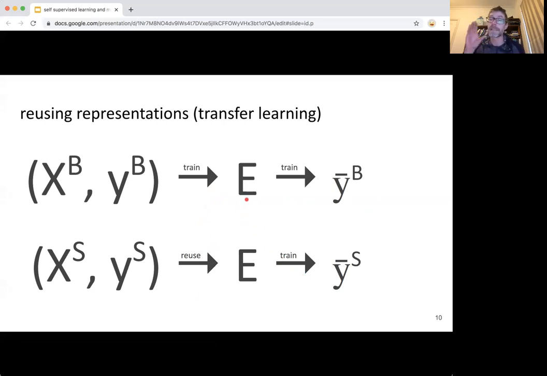If you think about that funnel again, it's about taking this very high dimensional data and compressing it to a much lower dimensional representation. That lower representation captures some essence of the original data set that's more like this prediction. So by reusing this E, I don't need as many parameters, so to speak. And this is always a really handy thing if we can get away with it.